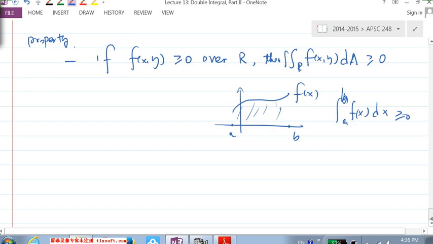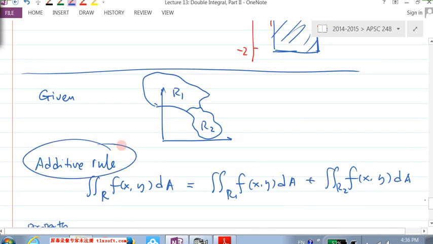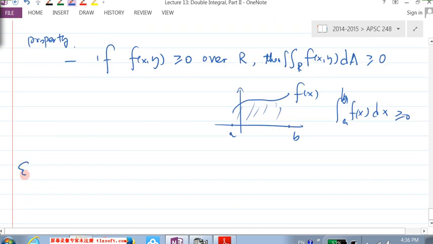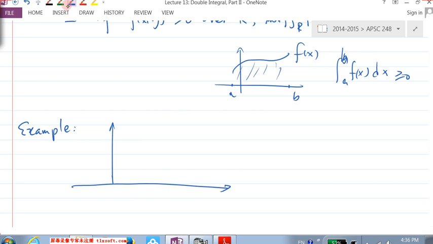Okay, so now let's move on to take a look at this additive property here. I'm going to give you a region R, which is kind of special, not as simple as the previous case.